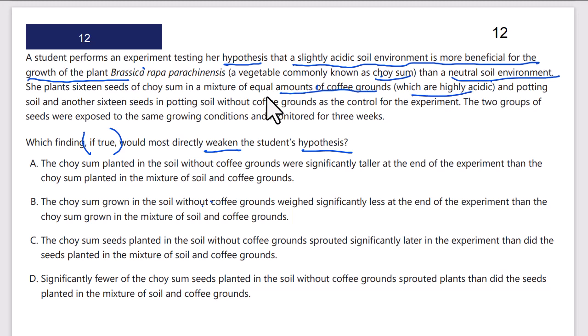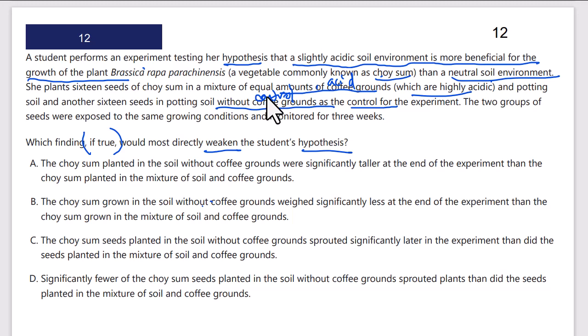Okay, so one's an acid case, and then we have a control case without the coffee grounds. That's our control. Okay, so her hypothesis would expect more growth in the coffee ground case and less in the non-coffee ground case. We're going to weaken the argument. So we want to find the answer that shows less benefit to growth from the coffee case.